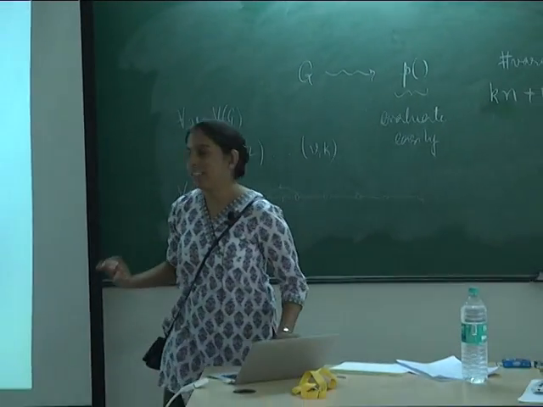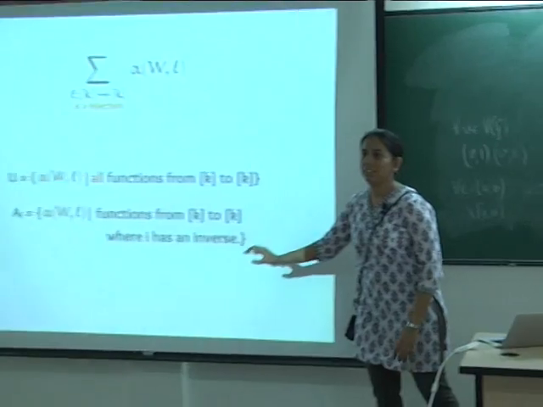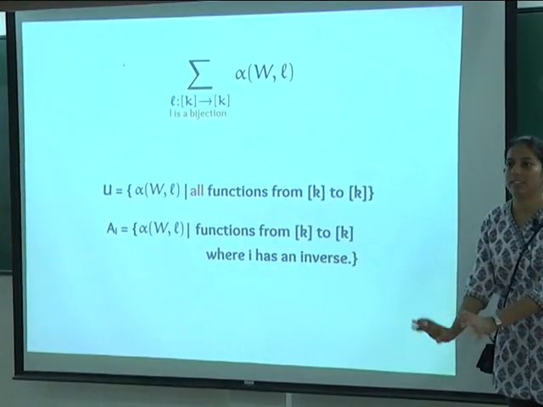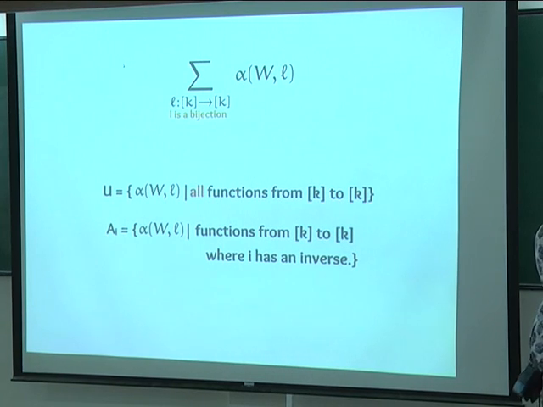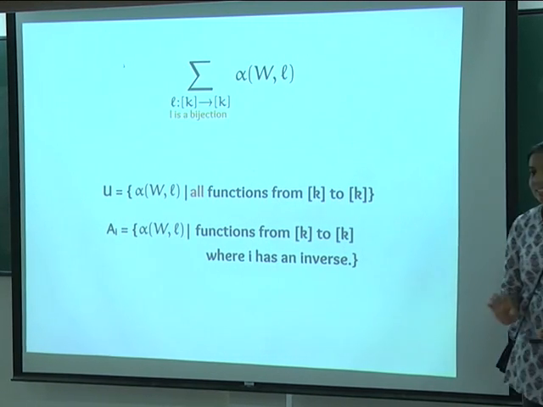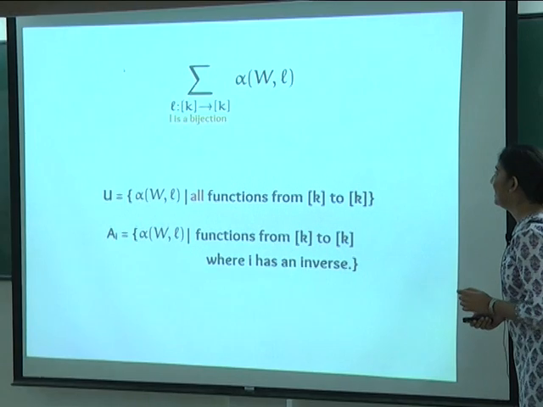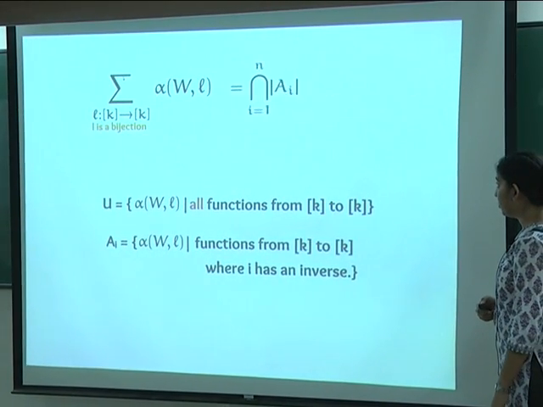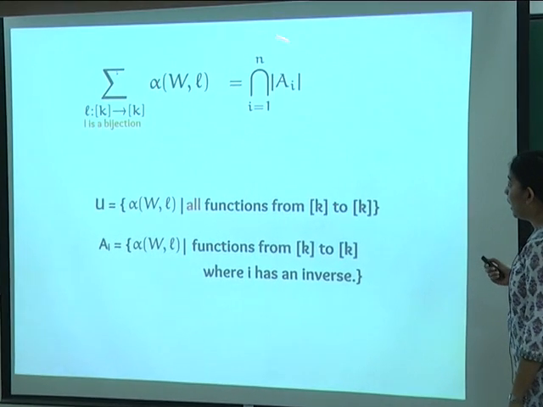So you're collecting all functions where the function chooses to map somebody to i, at least. That's what you collect. Now, what's this guy?